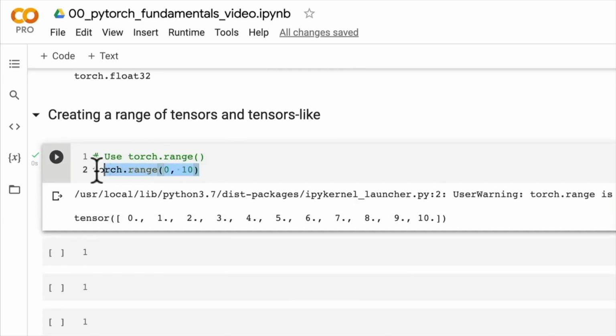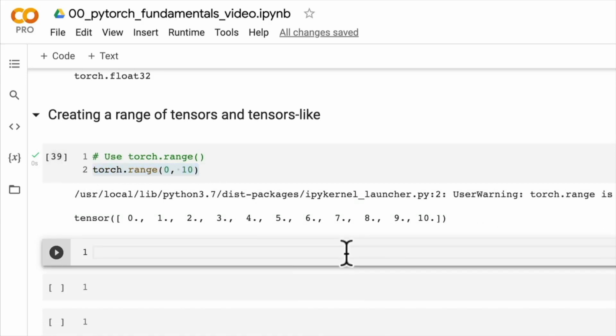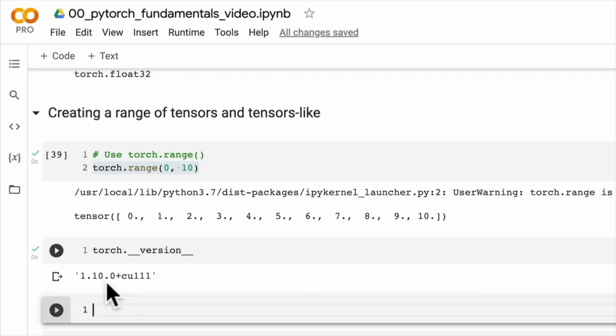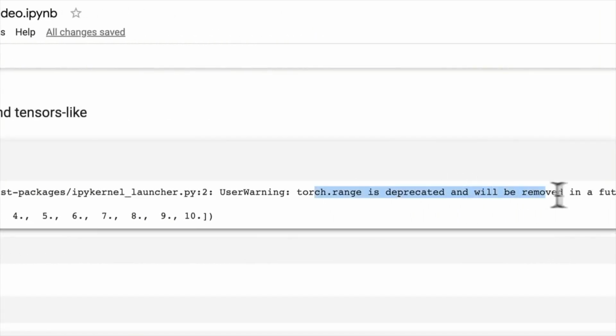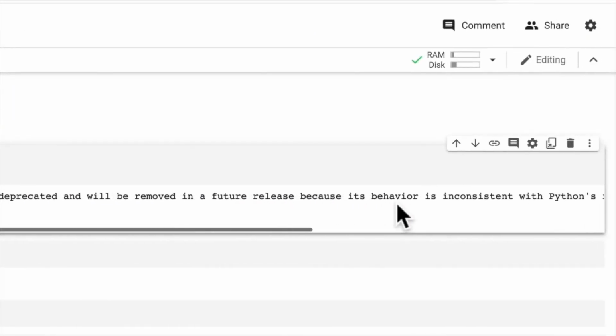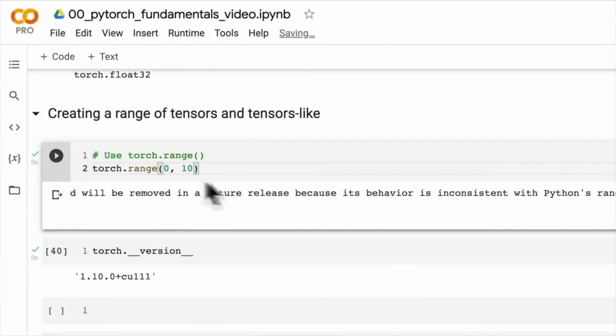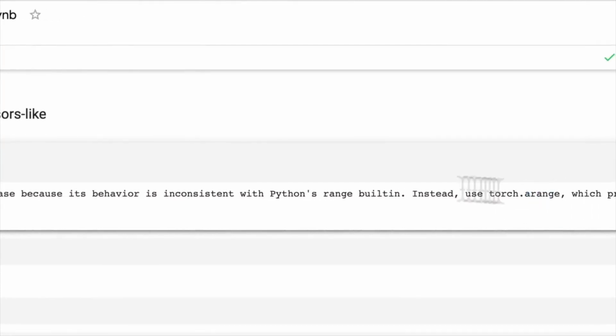If we write in torch.range right now with the PyTorch version that I'm using, which is torch.__version__, PyTorch 1.10.0, torch.range is deprecated and will be removed in a future release. So just keep that in mind. If you come across some code that's using torch.range, it may be out of whack. So the way to fix that is to use arange instead.